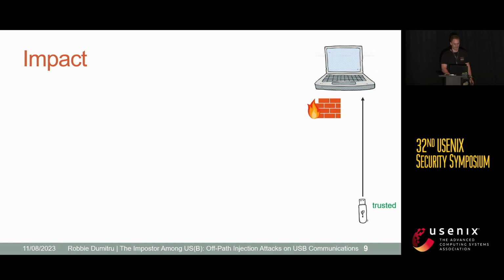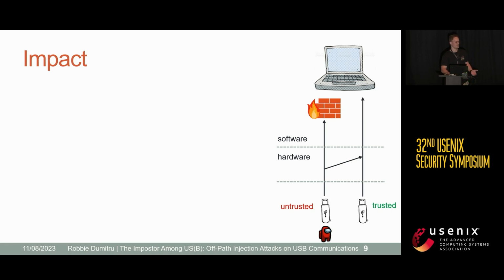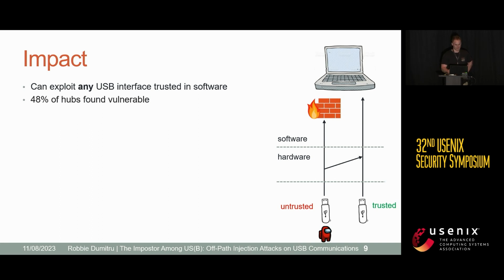And so in the face of one of these firewall policies, we have an attacker-controlled device which will be untrusted by default by such a firewall policy. And at the hardware layer, this untrusted device will be able to inject communications on behalf of the trusted interface, thus circumventing the firewall policy, the firewall defense. So the impact is that we can exploit any USB interface which is explicitly trusted in software.